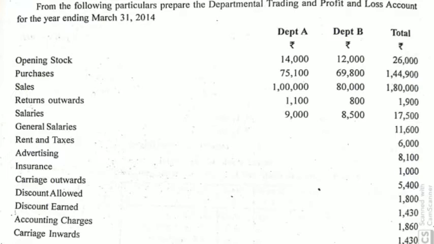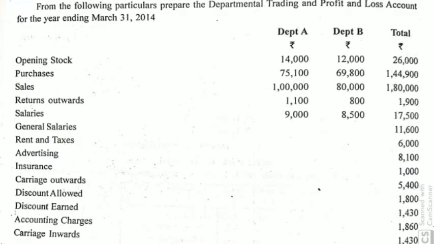Just see there, opening stock 14,000 for department A, 12,000 for department B, total opening stock 26,000, purchases 75,100 for department A, 69,800 for department B, and total purchases 1,44,900. Sales 1 lakh for A, 80,000 for department B, total 1,80,000.